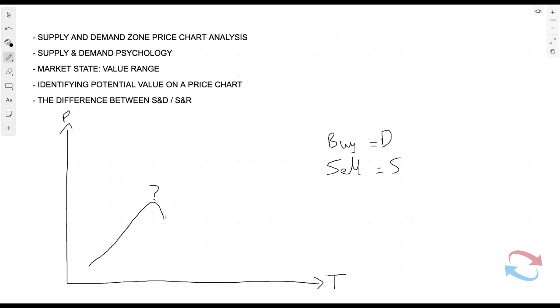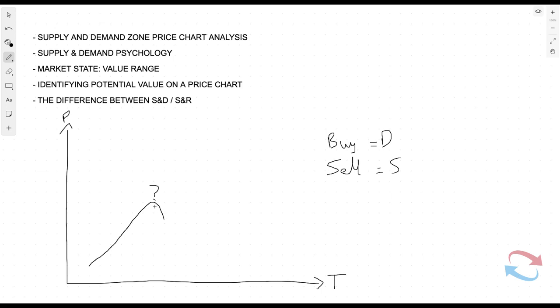when we have sell orders and take profit coming in, does that mean the bears are taking over? Does that mean supply really is taking over and there's going to be a reversal in the trend? What we don't know, that's why I put a question mark.